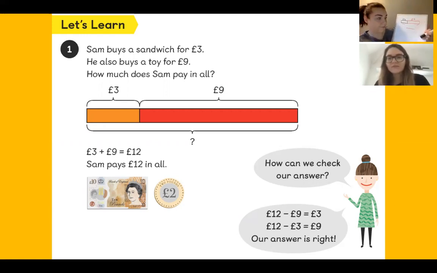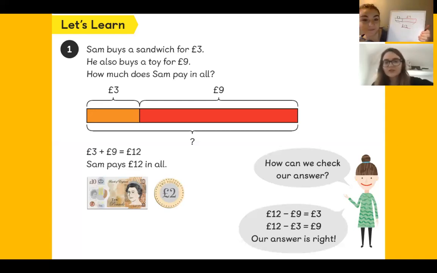So if we add £3 and £9 together, the answer becomes 12, okay? So Sam pays £12 in all. So let's think of different ways we can come up with £12.